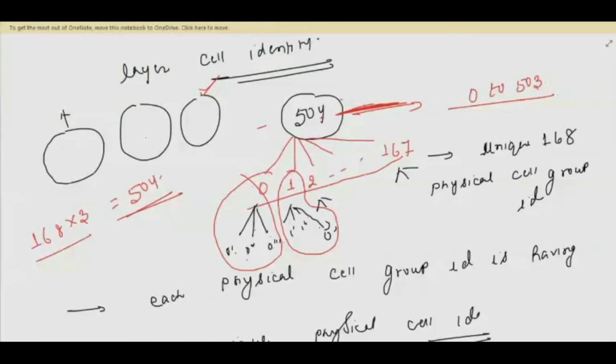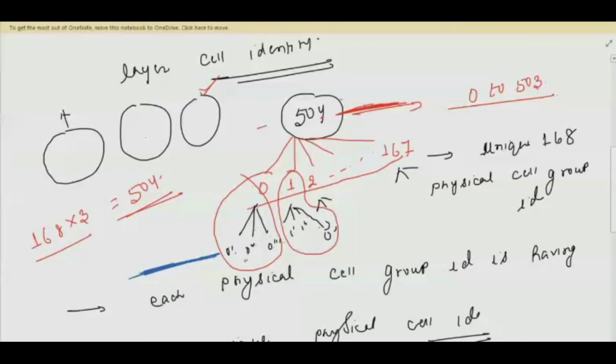First of all, when the mobile has to switch on, it has to read this physical cell ID. The cell ID your mobile is reading, which group does it belong to? That is important, because another group may use the same cell ID.